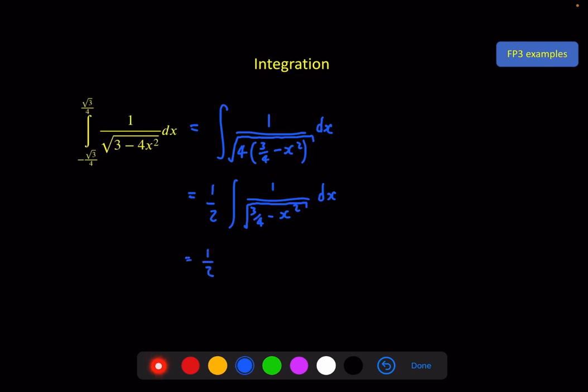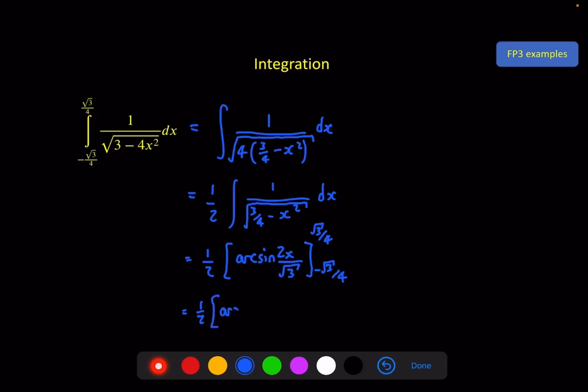So I'll have 1 over 2 arc sine x divided by this will be a root 3 there and a 2 here. And I should have been writing the limits each time. Got a bit of space over here, let me put them there. Then put in the limits and see what we get.